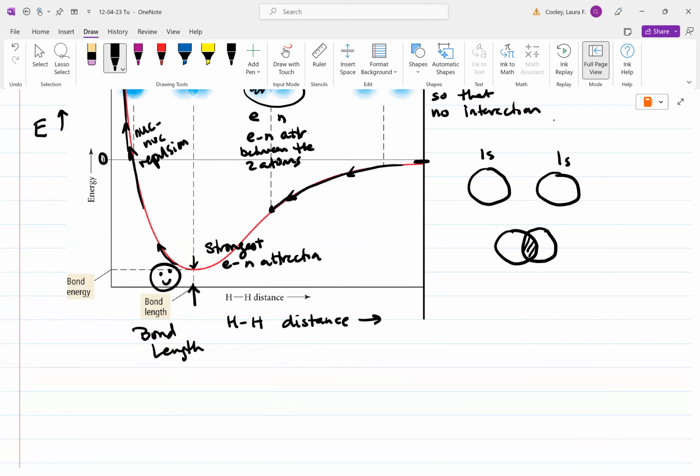The electrons in this overlap region are attracted to both nuclei.